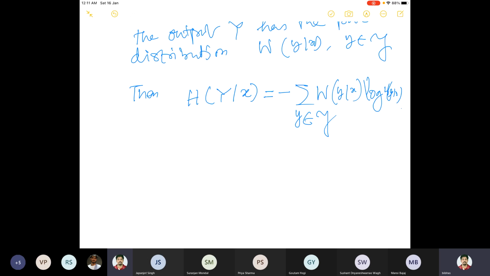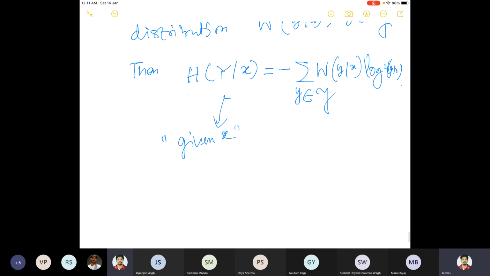This is for a given x. Now if I take the average over all x, what is the average entropy? That is the expectation of this entropy with respect to the entire distribution P_X(x).